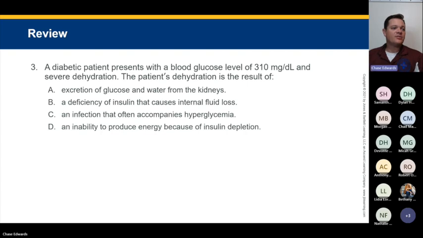All right, question number 3. So a diabetic patient presents with a blood glucose level of 310 mg/dL and severe dehydration. The patient's dehydration is a result of what? Keep holding it.